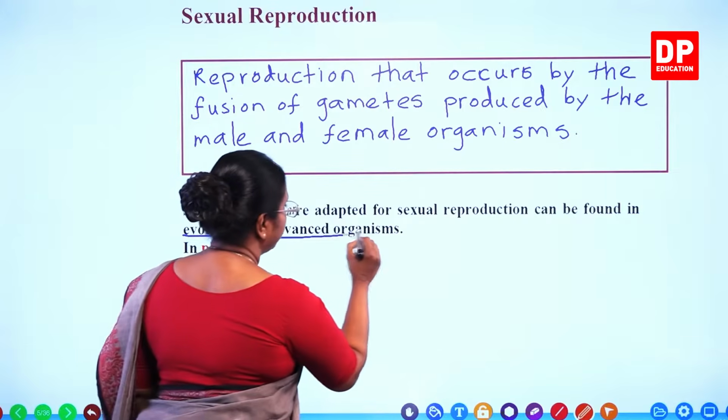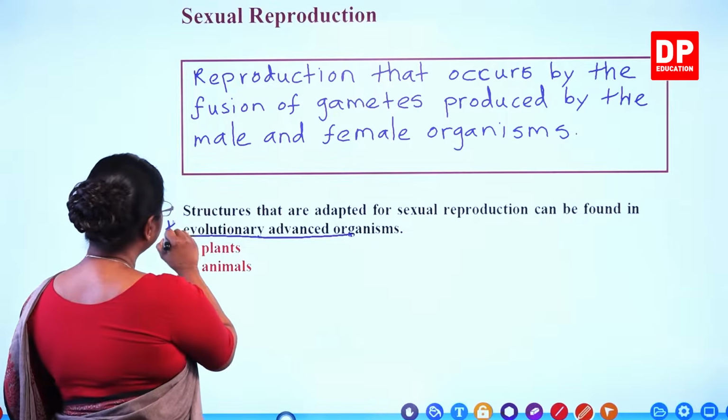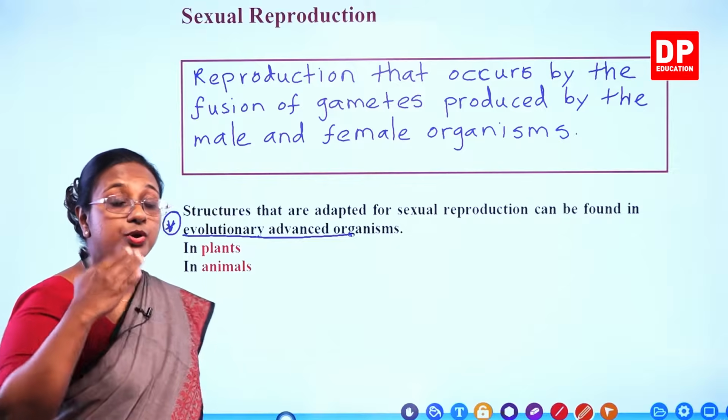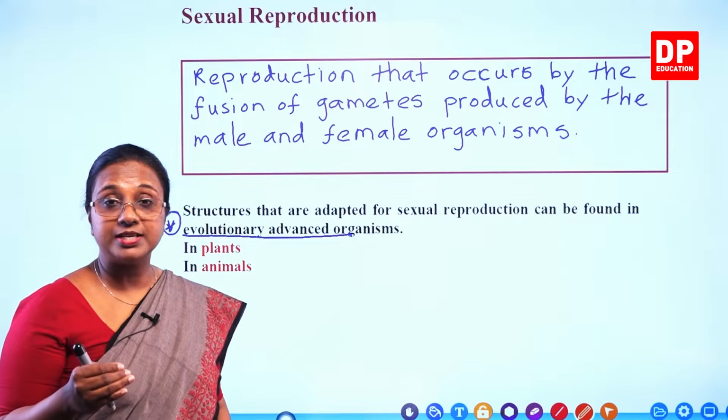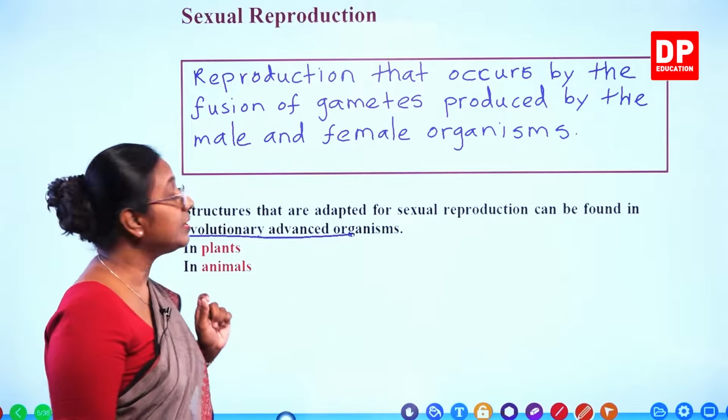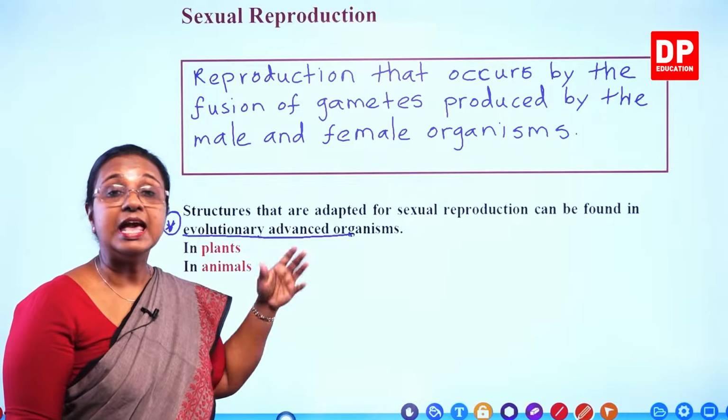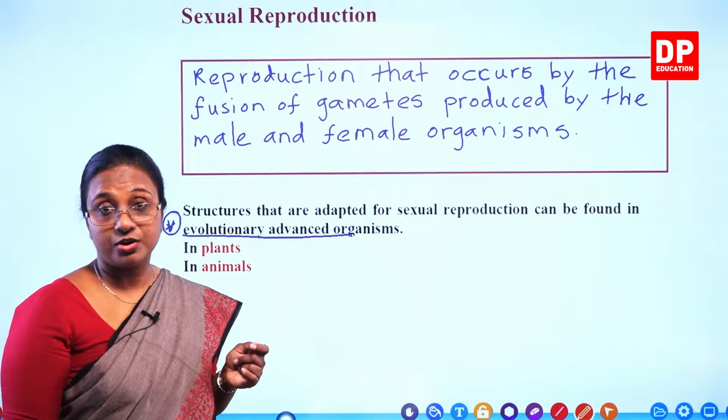This I mentioned to you all. Normally, asexual reproduction is more common in primitive organisms, whereas sexual reproduction is more common in evolutionary advanced organisms.